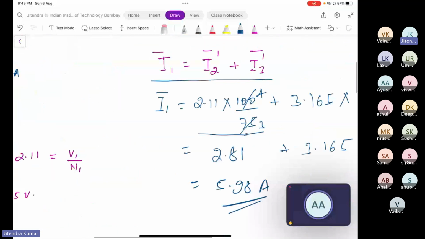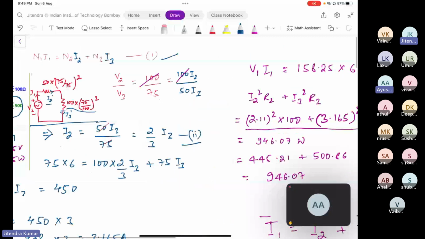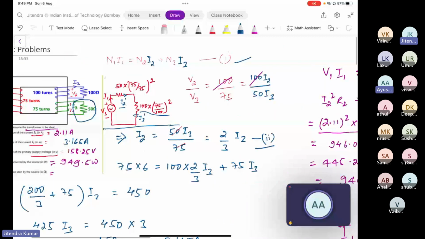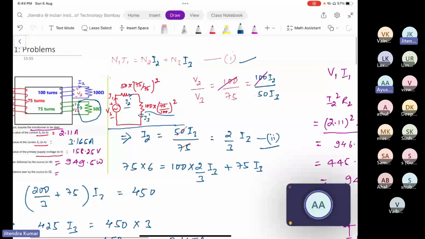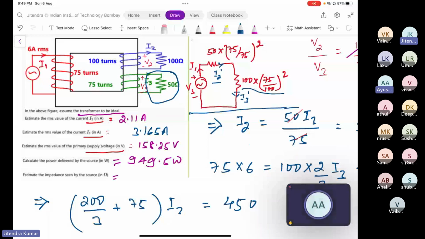Sir, I want to see just the value of V1, please. The power delivered by the primary winding is coming approximately the same.